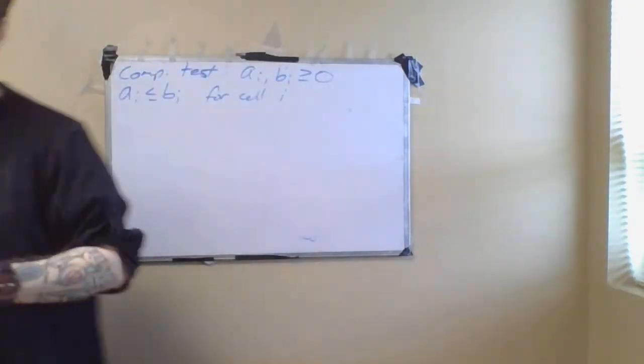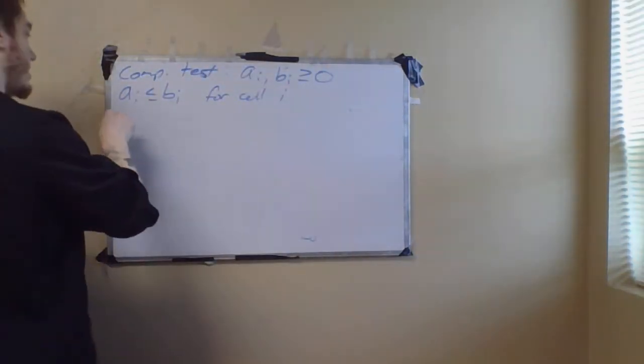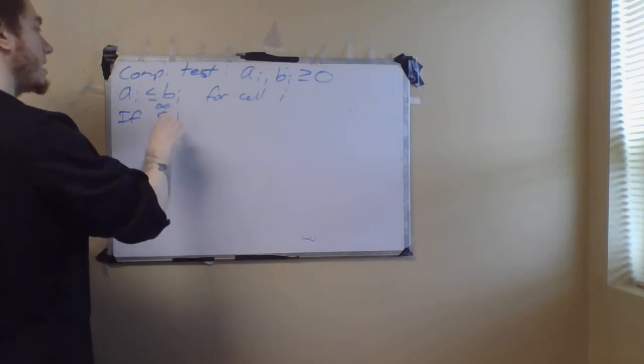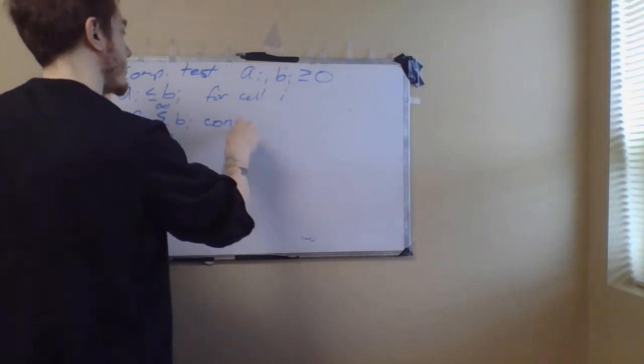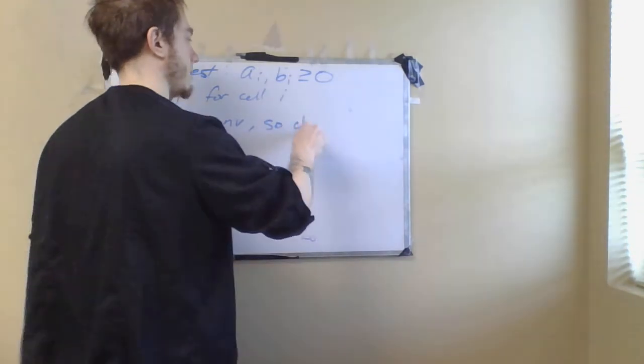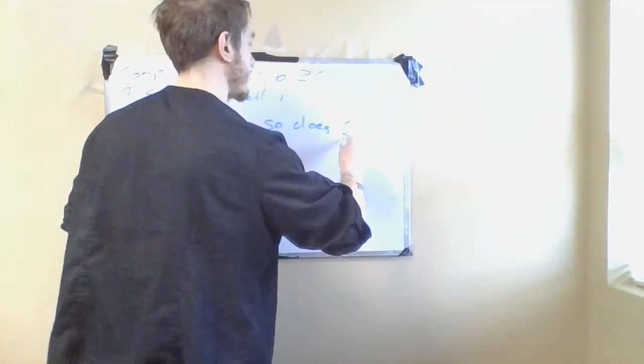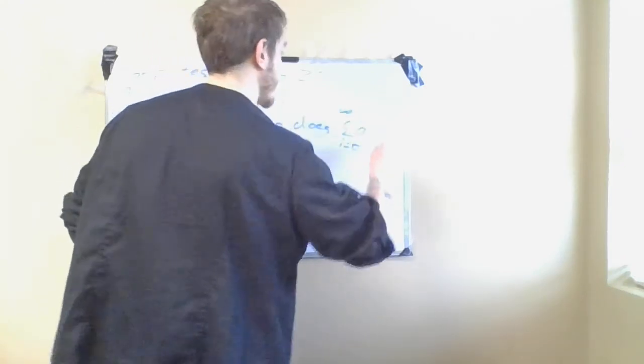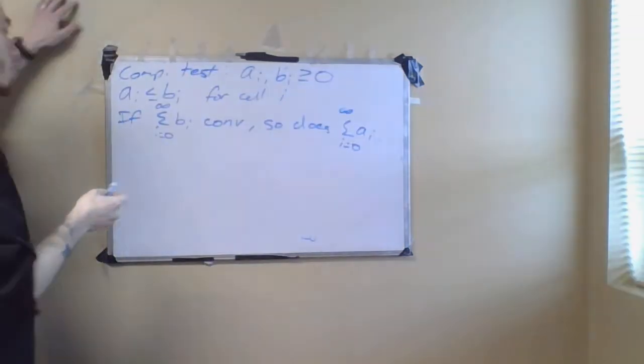Well, in this case, then if the sum from i equals 0 to infinity of b sub i converges, so does the sum from i equals 0 to infinity of the a sub i. And here is why.